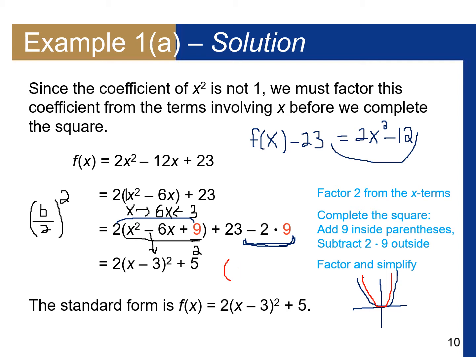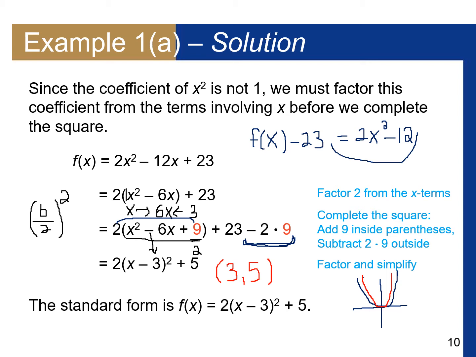Actually, let me just put the 3 in there. And then plus k is my vertex of 5. So that means this whole parabola that I have over here in the red is going to go over 3 and up 5 and then be graphed.